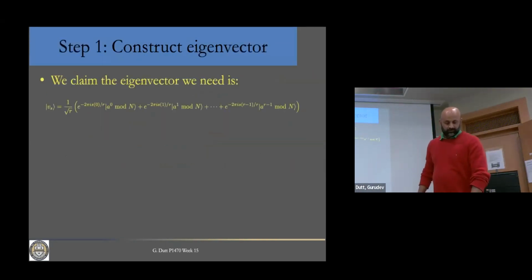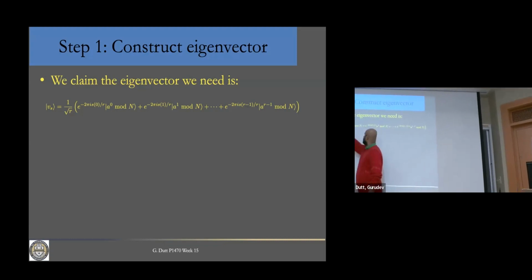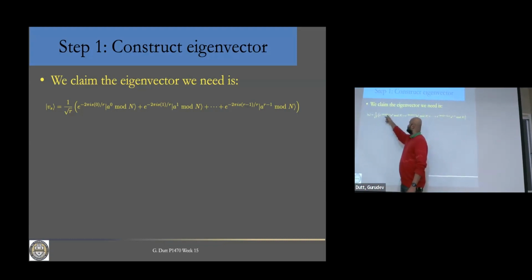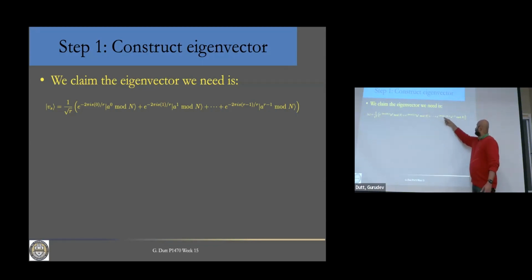Okay. So my claim is that the eigenvector that we need for u is this series over here, which is: I take a to the 0 modulo n and I multiply it by e to the minus 2 pi i s times 0, which is e to the 0, which is 1. The next one is e to the minus 2 pi i s times 1 divided by r, which is e to the minus 2 pi i s over r. The next one will be e to the minus 2 pi i 2s divided by r, 3s divided by r, up to e to the minus 2 pi i s (r minus 1) divided by r.